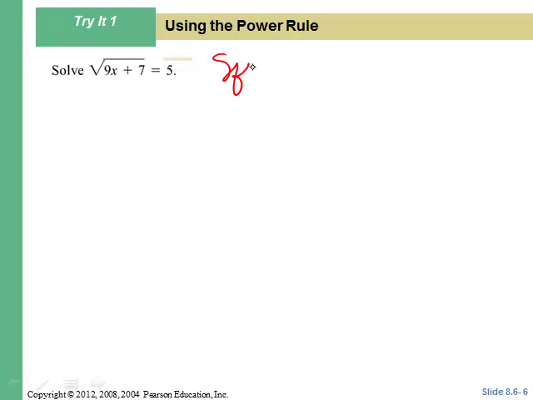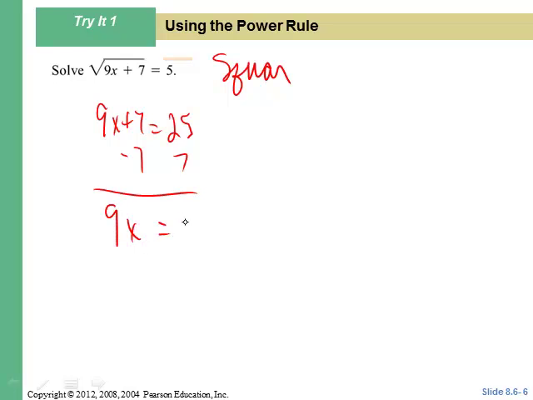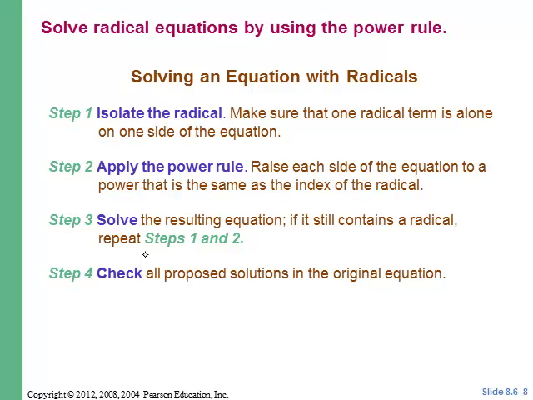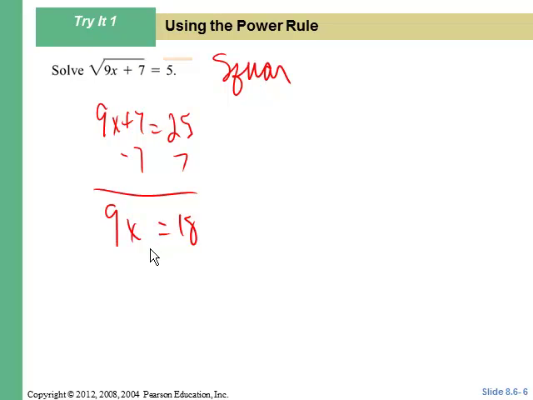Okay, so square both sides, and you get 9x plus 7 equals 25. Now just solve by subtracting 7. Get 9x is 18, which means x is 2. 2 times 9 is 18 plus 7 is 25.